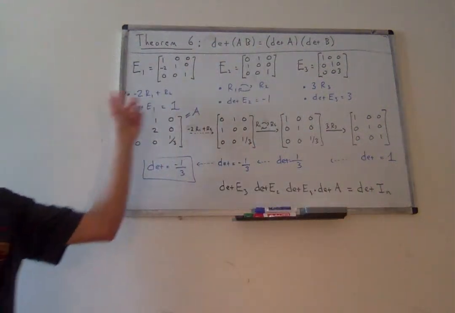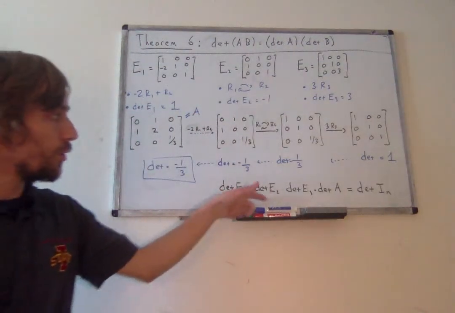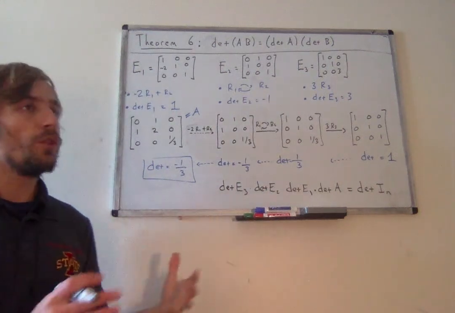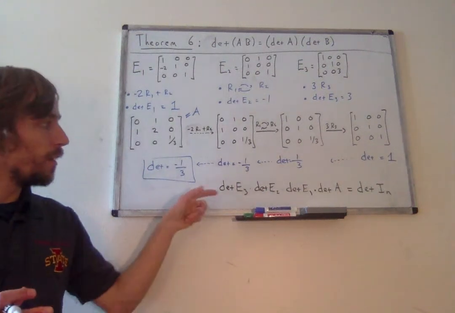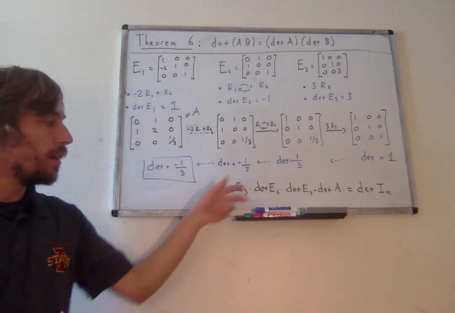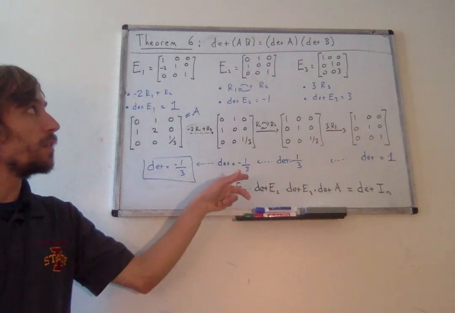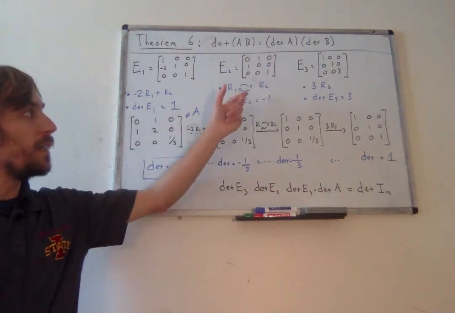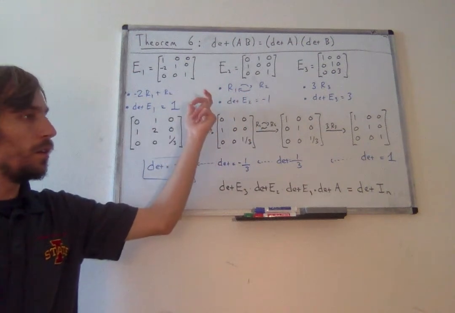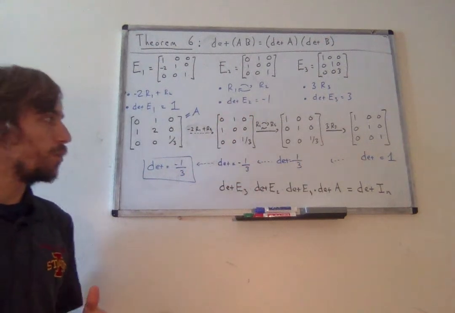Since these were the 3 matrices I used to row reduce A, my purpose with this motivating example is to argue that this type of property is always going to hold with elementary matrices, that this multiplicative property holds with these elementary matrices because they correspond to these row operations, which we've already shown exhibit this multiplicative property.